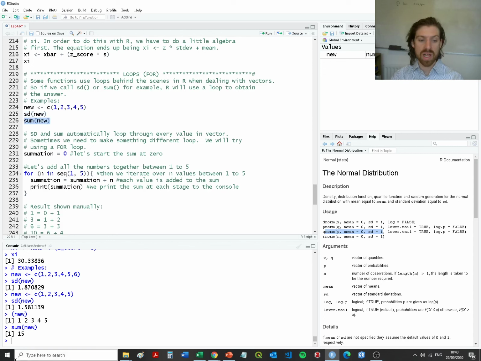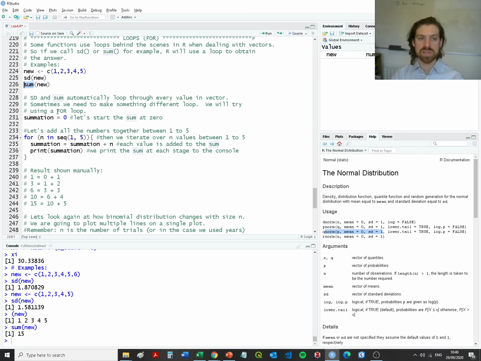If we sum these values, then we get 15. So for all of the values between 1 and 5, the sum of them is 15. Well, what's actually happening behind the scenes? It's looping across every one of those values in the vector. It's very easy for me to just say this, but let me show you exactly what's happening manually. Then we can look at it also in a spreadsheet in case you need a second look at how this is taking place.